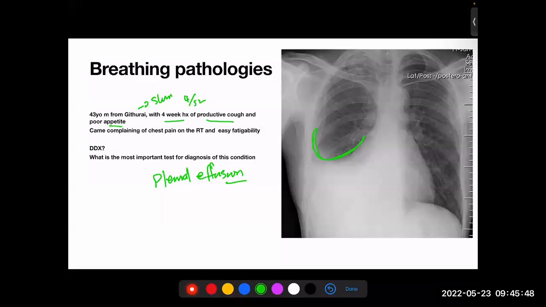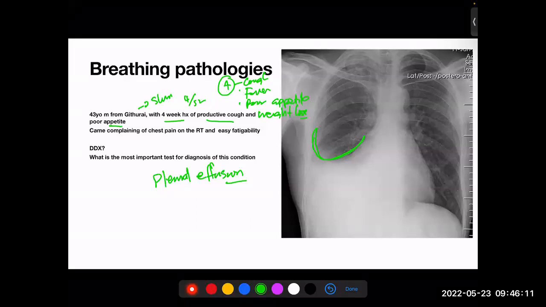What is that for 4 weeks? Pulmonary tuberculosis, TB unless proven otherwise. There are those things in TB: cough, fever, poor appetite, and what else? Weight loss. Yes.